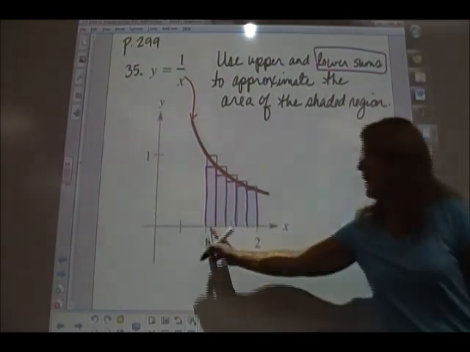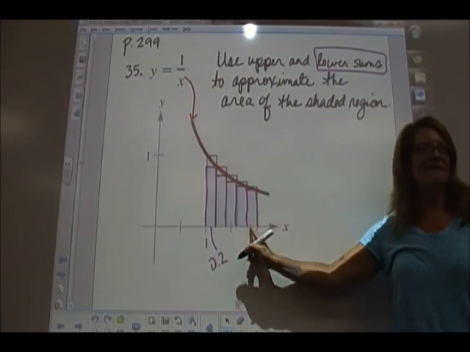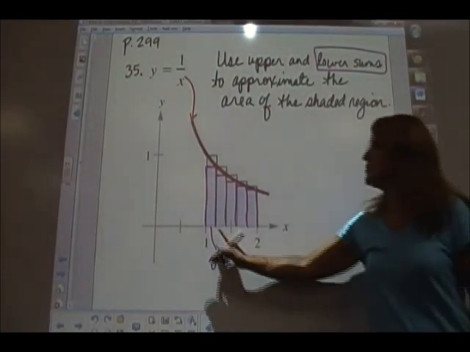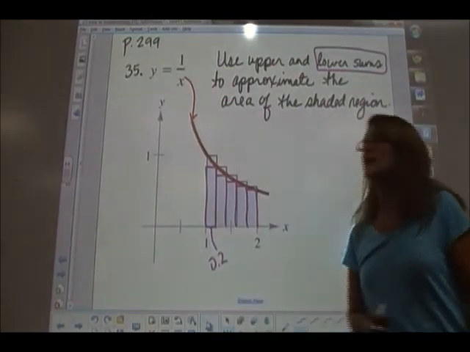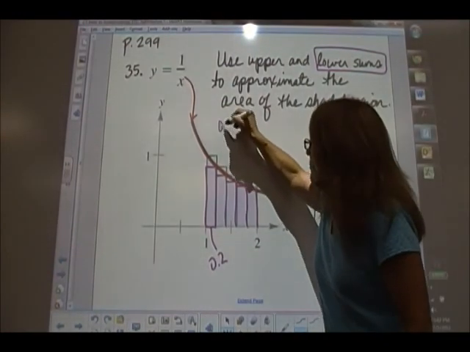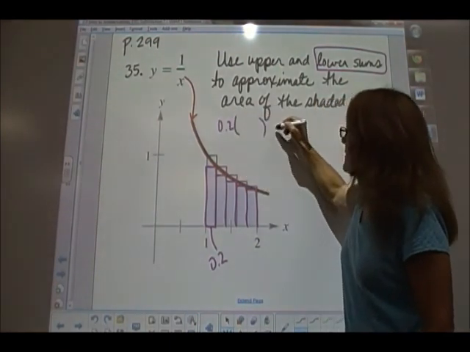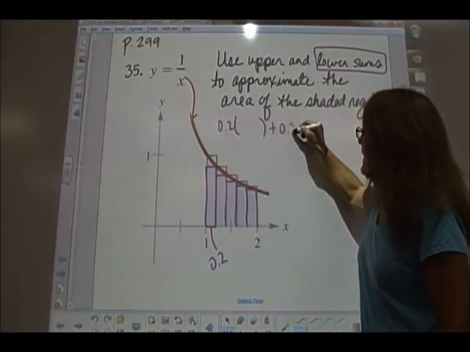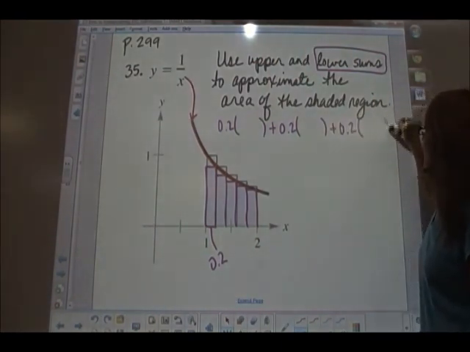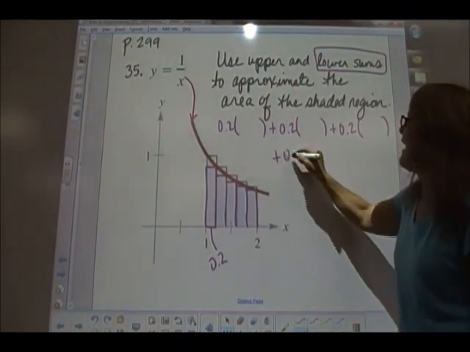I've got one whole divided by 5 segments. Is that 0.2? Yes. Okay. So each little interval is 0.2. So I'm going to multiply 0.2 times the length of each little rectangle. And I'm going to have 5 of them.